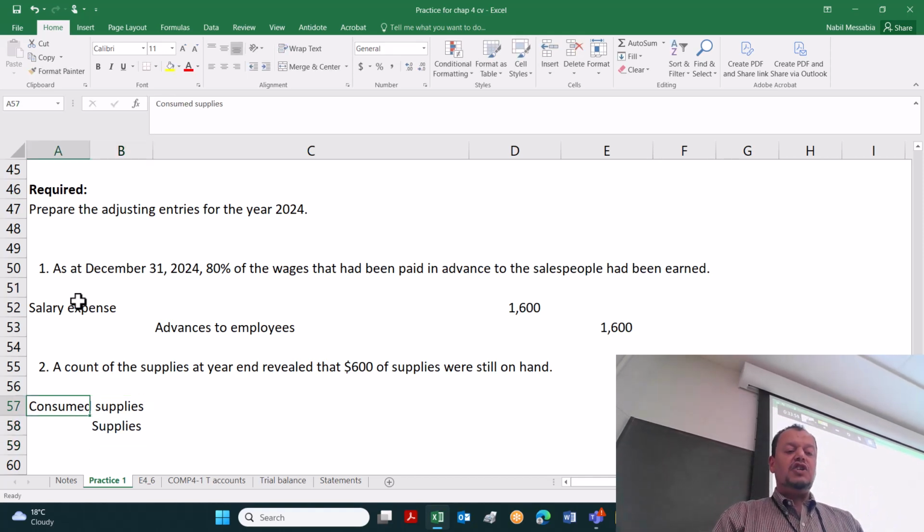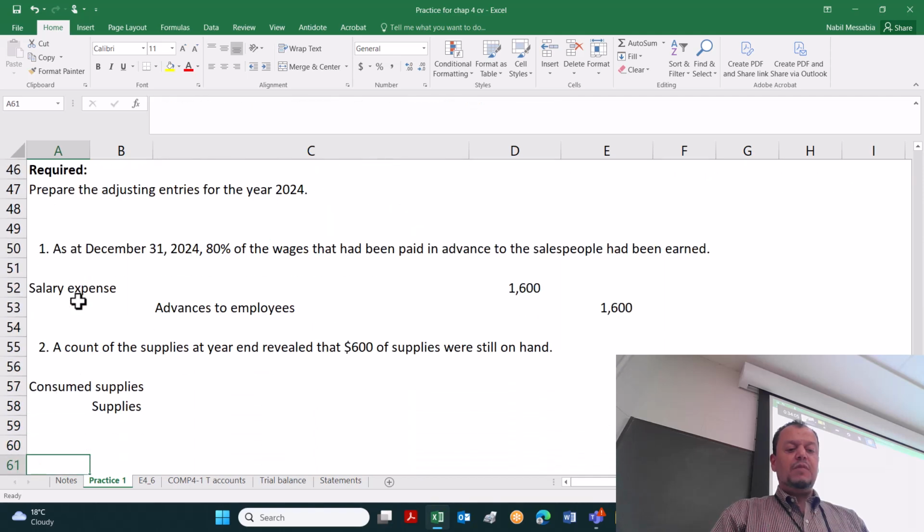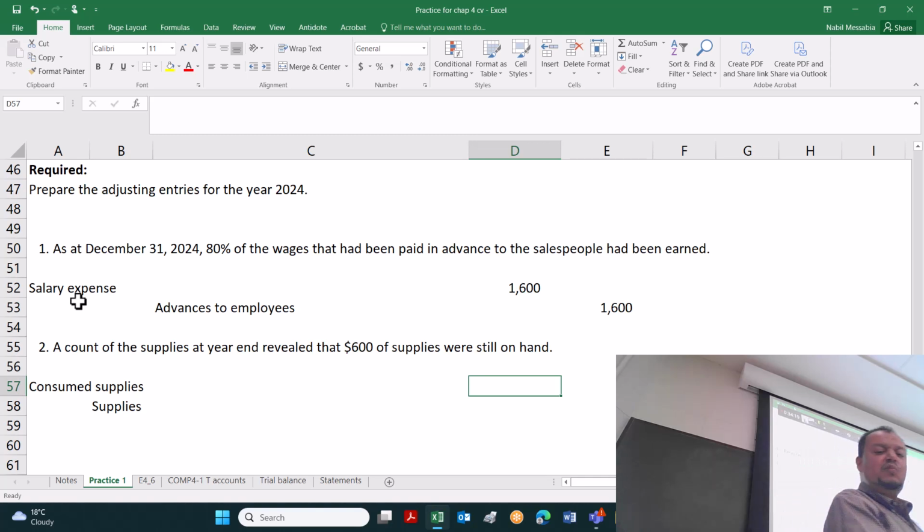Is there any calculation required? Yes, calculation is required. The amount is not given directly, because they say we counted $600. Should the journal entry amount be 600 here? $600 is the amount of the supplies that remain on hand at the end of the year.